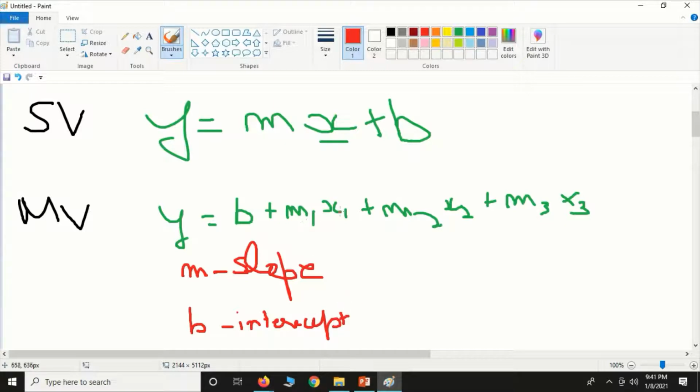M1 is the slope of x1, where x1 is the first independent variable, m2 is the slope of x2, and m3 is the slope of x3. B is the intercept at y. This is the multivariate equation, and with the help of this we'll be predicting the y values.